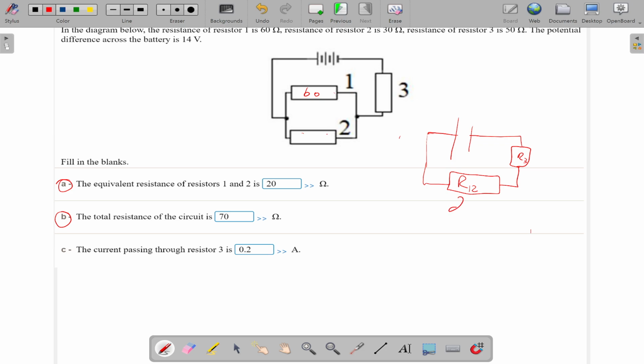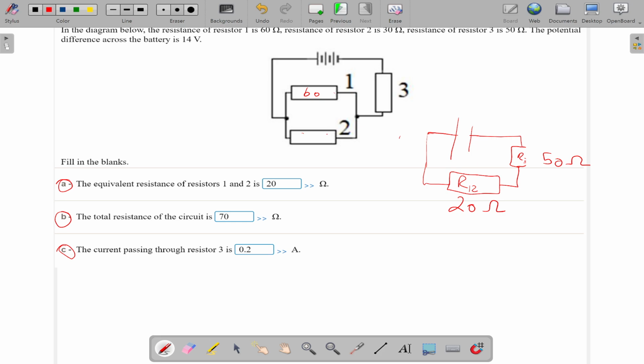This is 20 ohms, this is 50 ohms. So R equivalent between these two is 50 plus 20, which is equal to 70 ohms. Perfect.